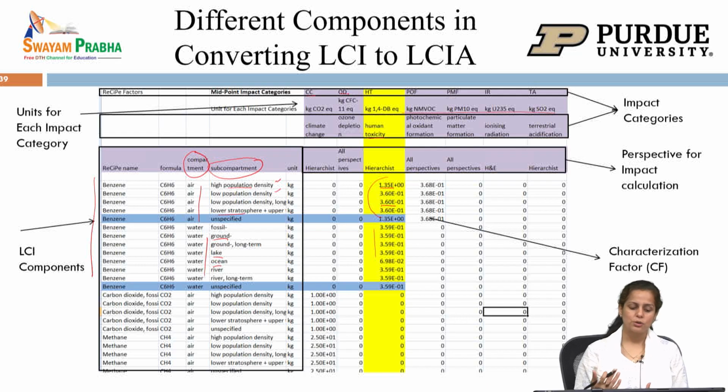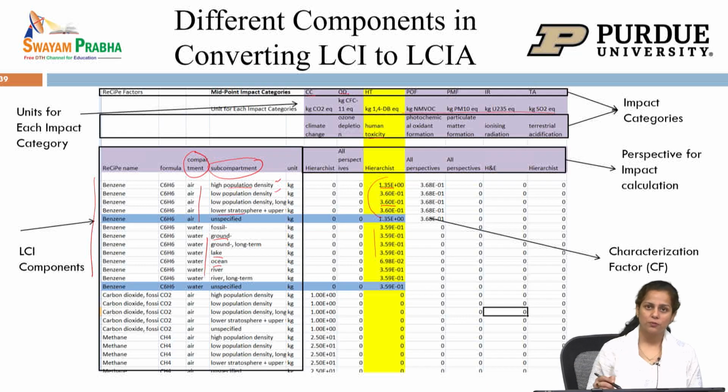So, whenever you are doing this characterization of LCI to LCIA, when you go to your characterization models or your life cycle impact assessment, you would look for these details of which particular category your emissions match. You will have to collect that information, of course, if it is available for your processes.